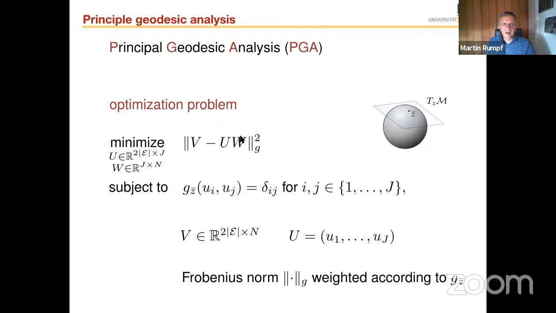And then the W matrix is just the weight matrix required to define the best approximation in this U basis of the input data. And yeah, that is just the principal geodesic analysis in compact form.